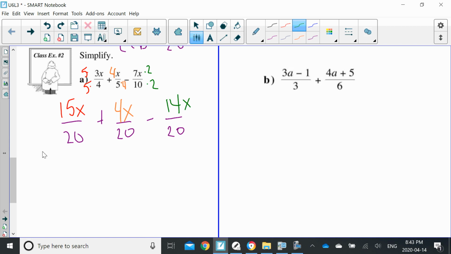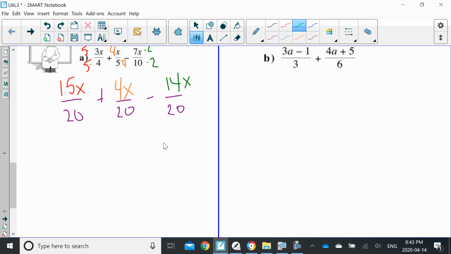The nice thing about adding rationals is once you have common denominators, you write that denominator. So this is going to be 20. And then you simply add or subtract the numerators. So it would be 15x plus 4x, which is 19x, minus 14x. And 19x minus 14x is 5x.